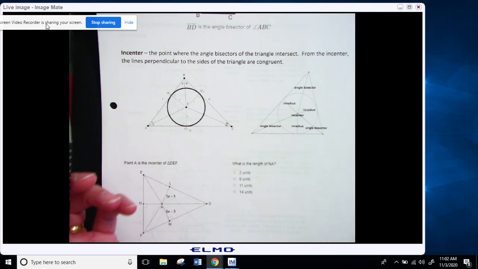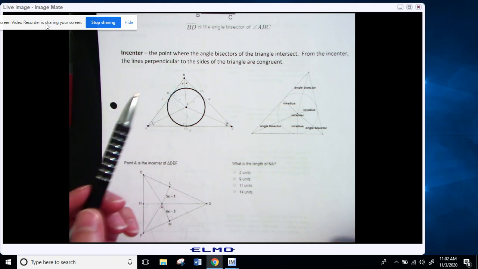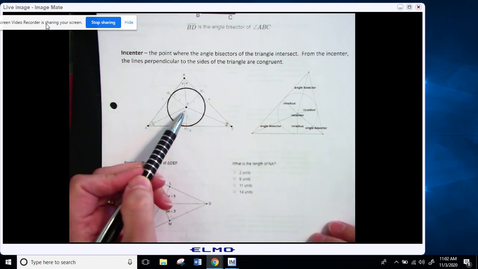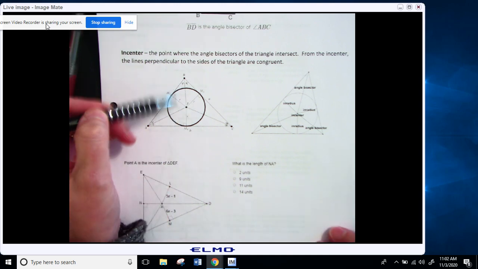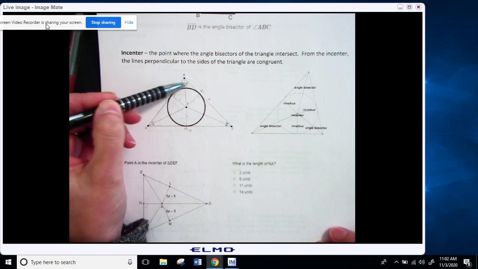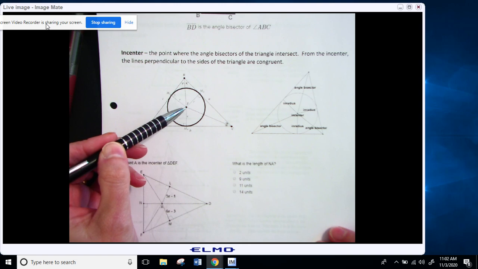Okay, and from that incenter, the lines perpendicular to each side are congruent. So first you need to figure out where your incenter is, and you realize it's going to be on the segments that cut the angles in half. That's how we found the incenter.